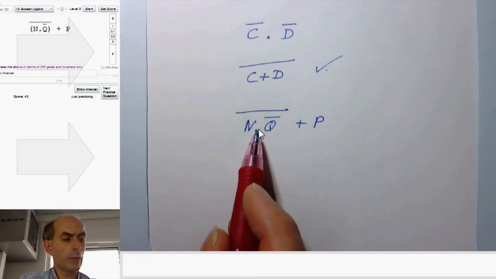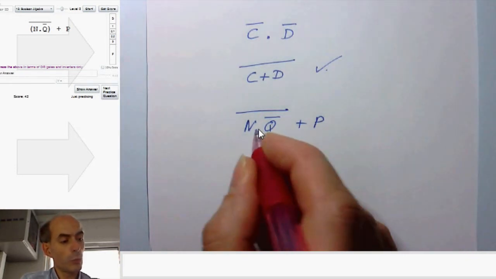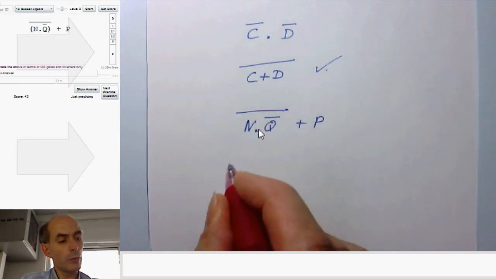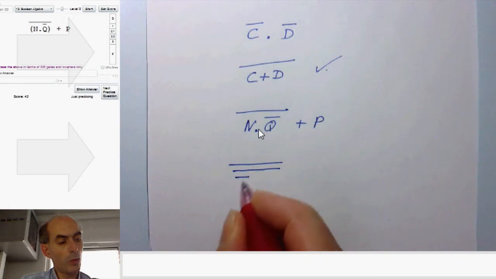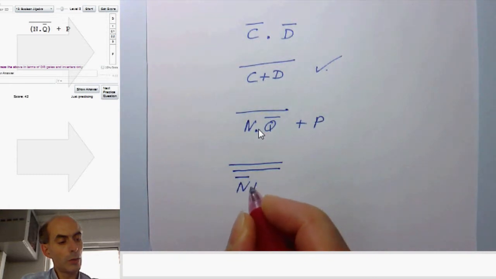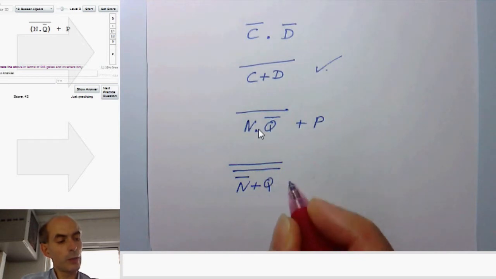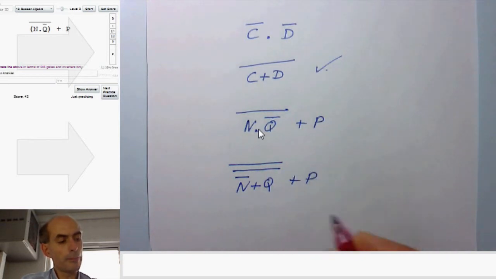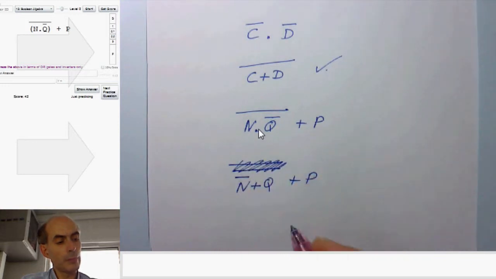And we can convert AND gates into OR gates using De Morgan's theorem. And De Morgan's theorem here would be, well, it's just another not, and then that would be not N, or, and then not of not Q, which would just be Q or P. Those two nots here will cancel each other out, so I would just end up with not N or Q or P.